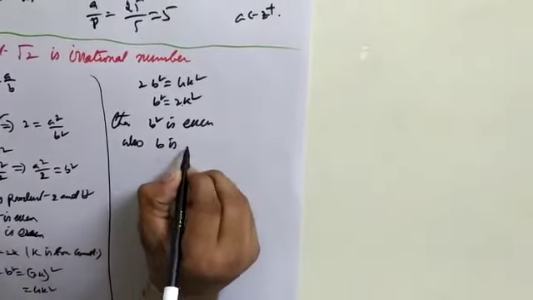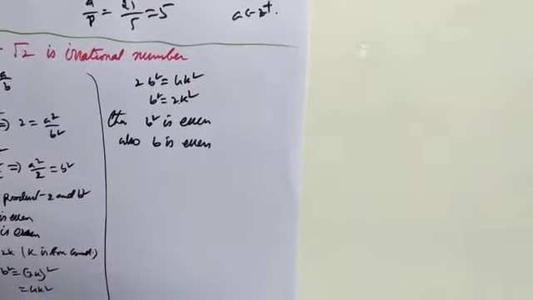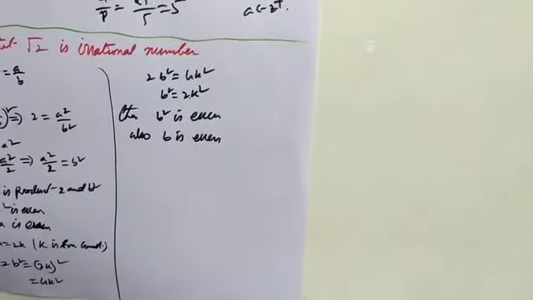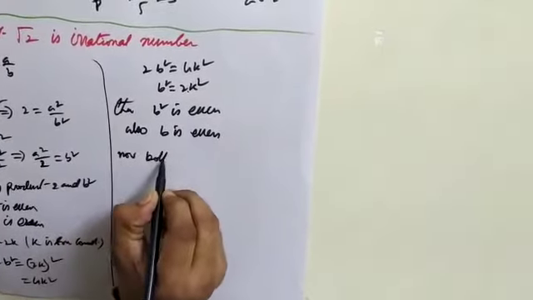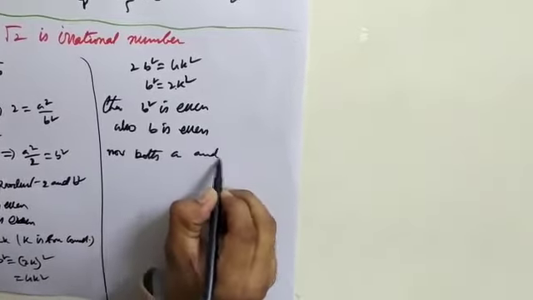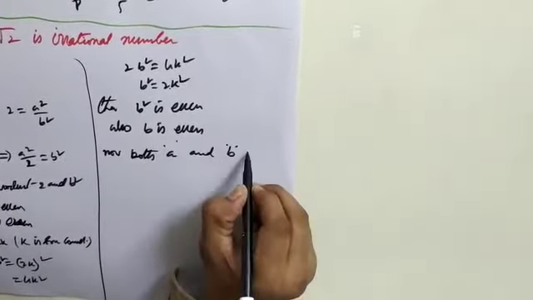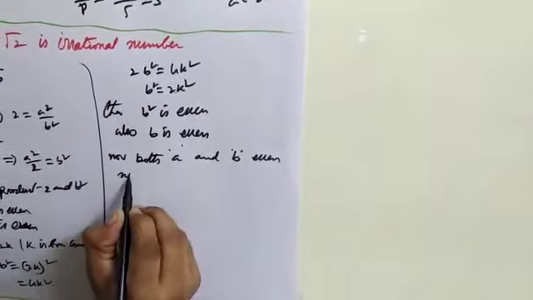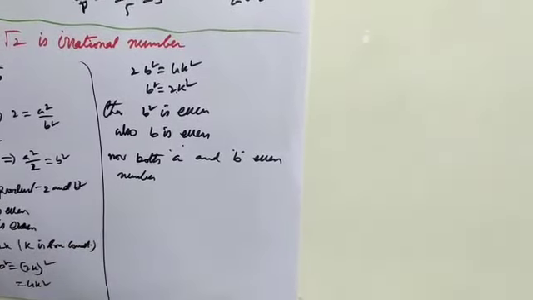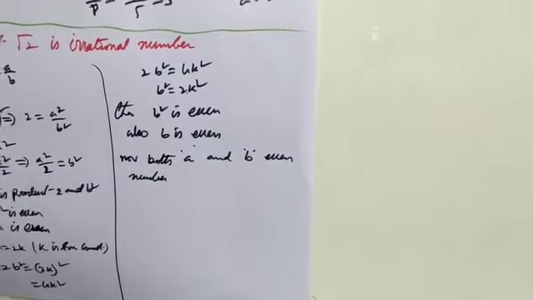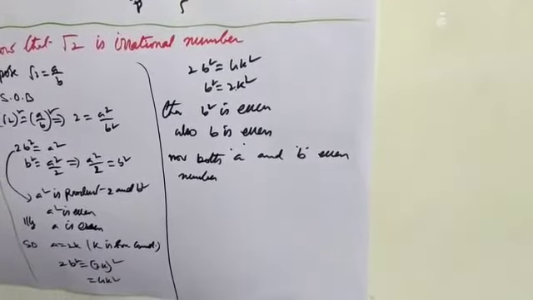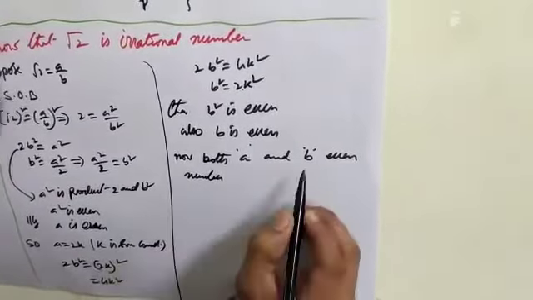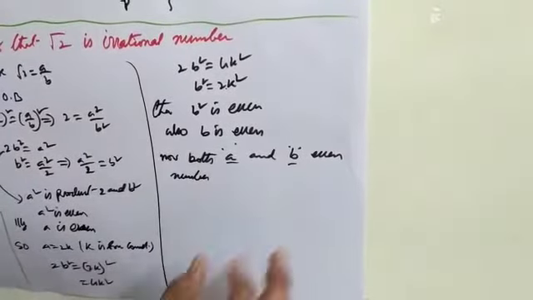Also B is an even number. Now both A and B are even numbers. At the same time, A and B have 2 as a common factor. Yes or no?